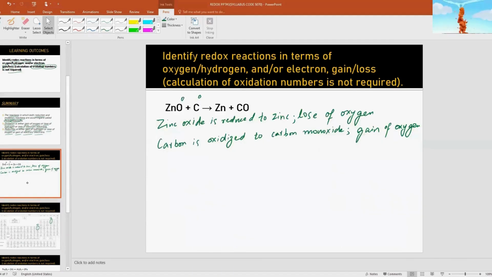But if you want, you can work out the charge on zinc, and you will get +2. So we will write +2 here, and -2 for oxygen. Look at this working carefully.